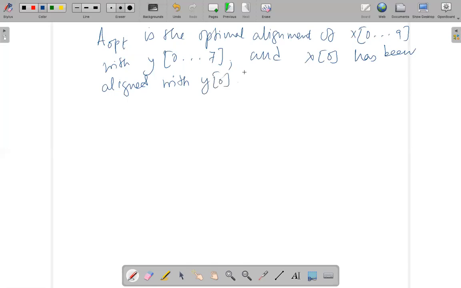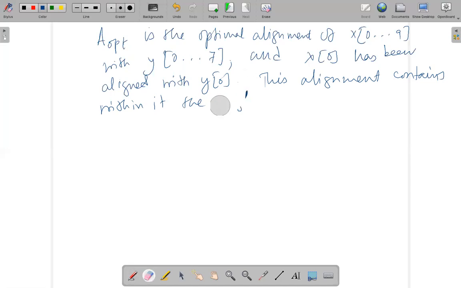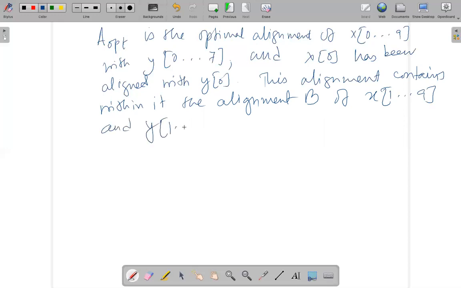Okay. Now, this alignment contains within it the alignment, say B, of x running from 1 to 9 and y running from 1 to 7.